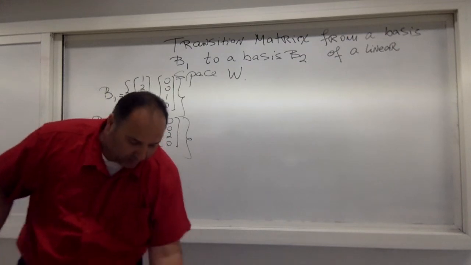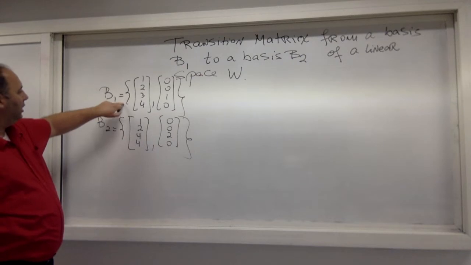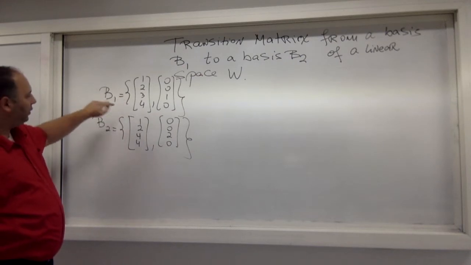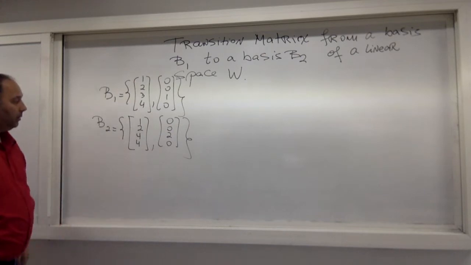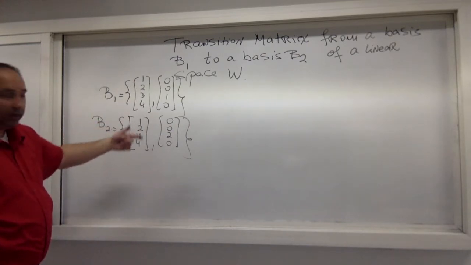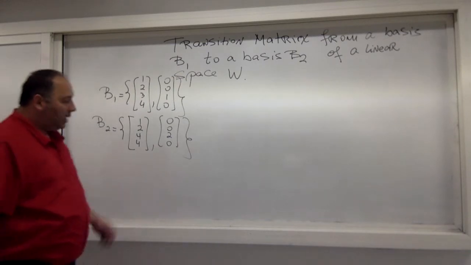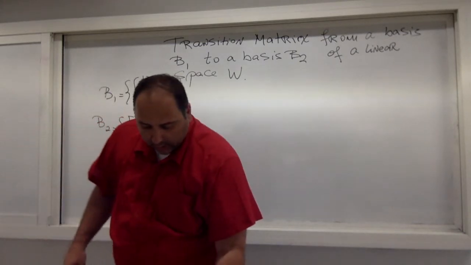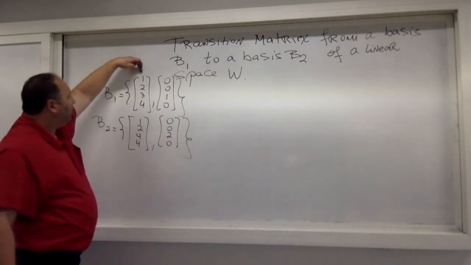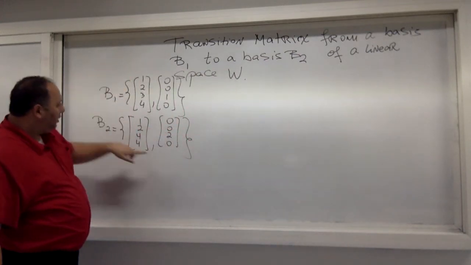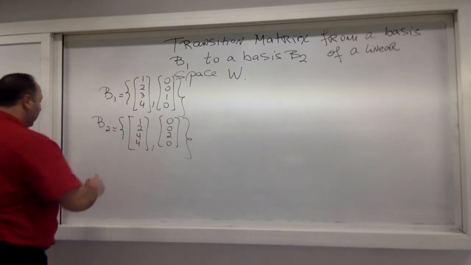So what I want is, having the coordinates of a given vector in basis B1, I want to figure out what are the coordinates of the same vector in basis B2. But I want to do that a lot, and often for a lot of vectors. So I need to be a little bit smart. So the idea is to express basis vectors from B1 in terms of coordinates of basis vectors of B2.